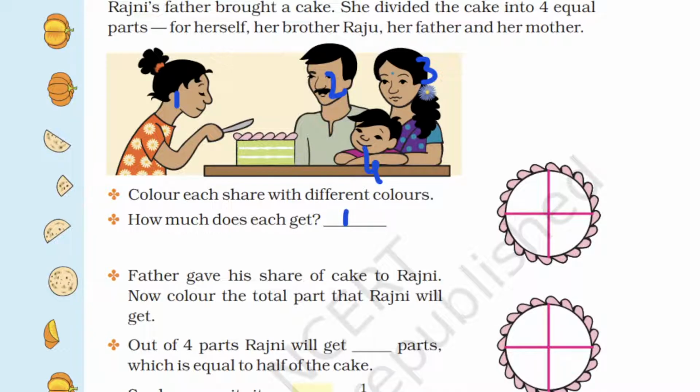Okay, you have to color it with different shades. Let me color first for Ranjini, the birthday girl. I'm coloring here. Okay, next one for the small one. I'm using green color.